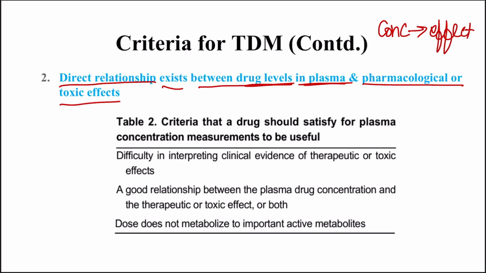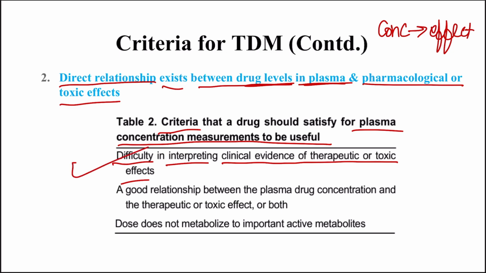The criteria that a drug should satisfy for plasma concentration measurements to be useful for the treatment process are, first, there is difficulty in interpreting the clinical evidence of therapeutic or toxic effects. That means the drug which we are giving is going to produce a therapeutic effect or a toxic effect, but it is difficult to quantify that effect. In that case, we look at the plasma concentration of the drug, because it will give us an idea of the amount of effect it can produce.